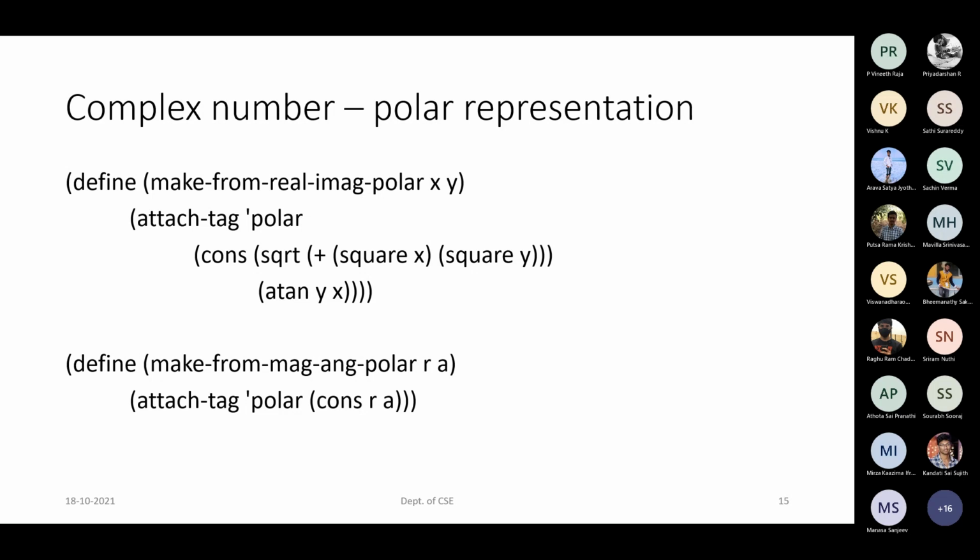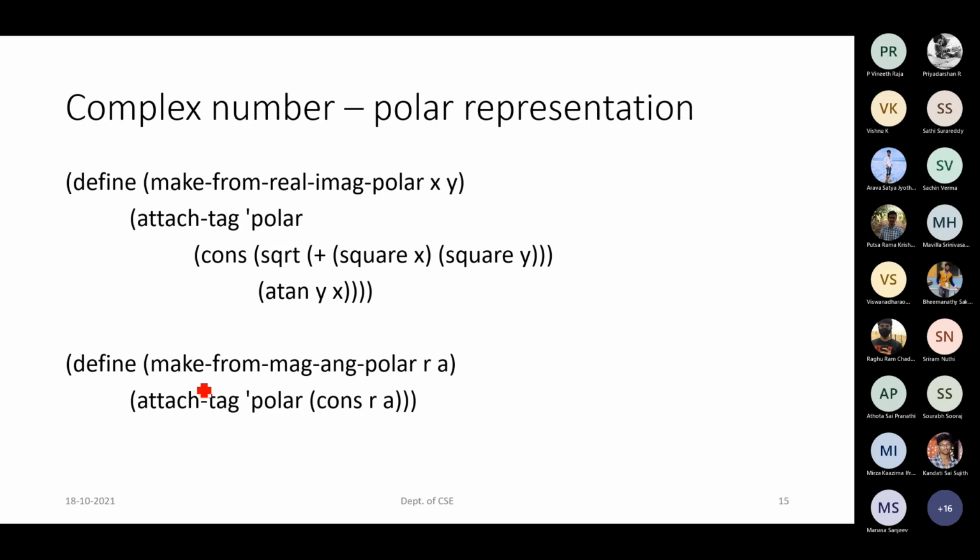For constructing, with the prefix operation, the operator which we use will be cons. So what do we have to do? If your representation is in the polar form, the operations you do with respect to magnitude and angle, that is the multiplication and division operations, we can apply directly.